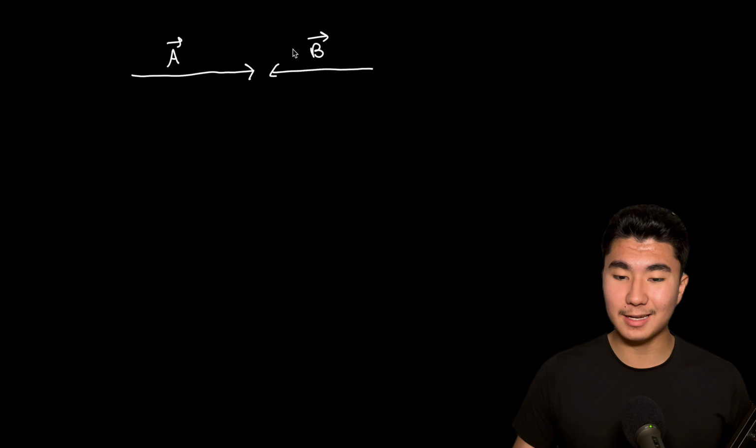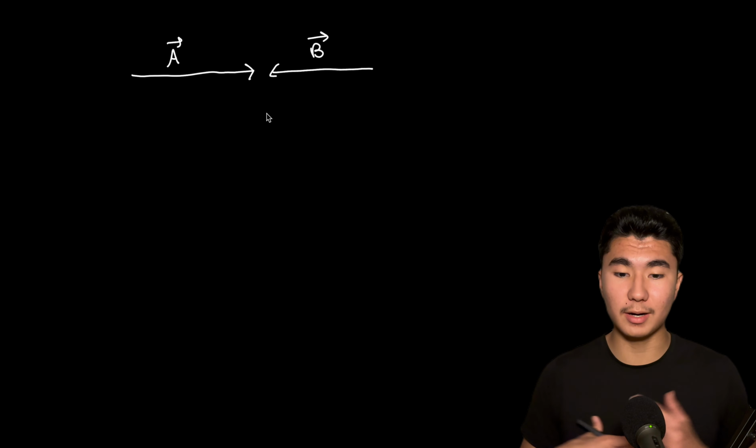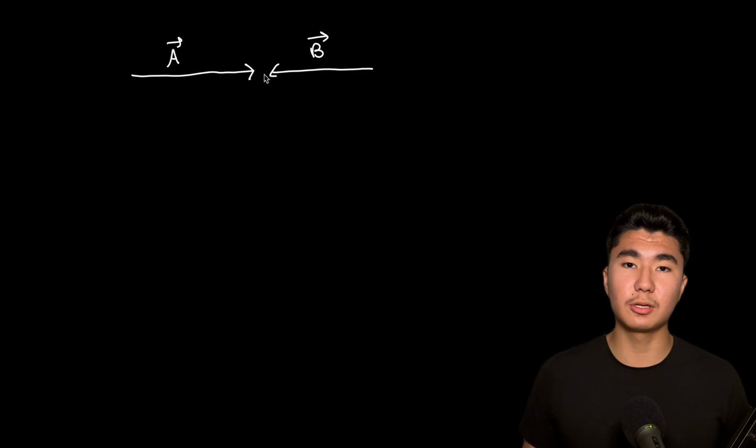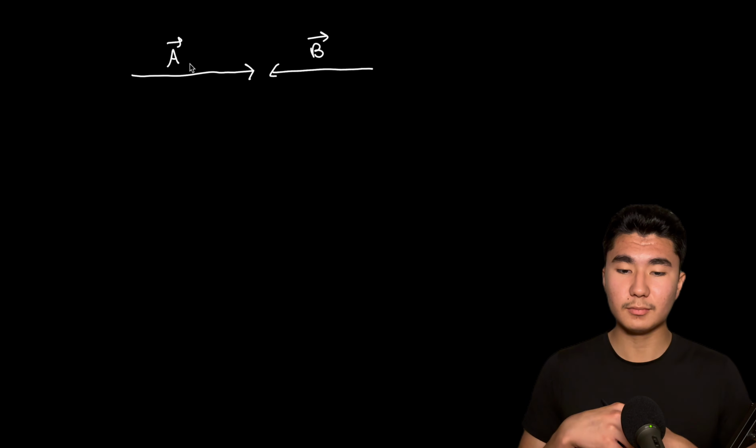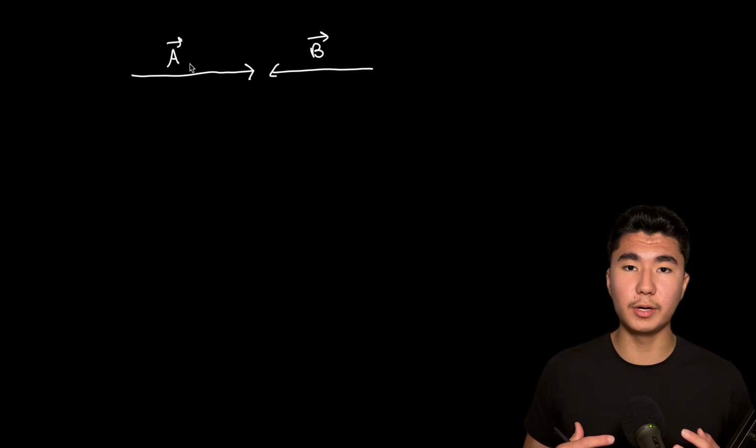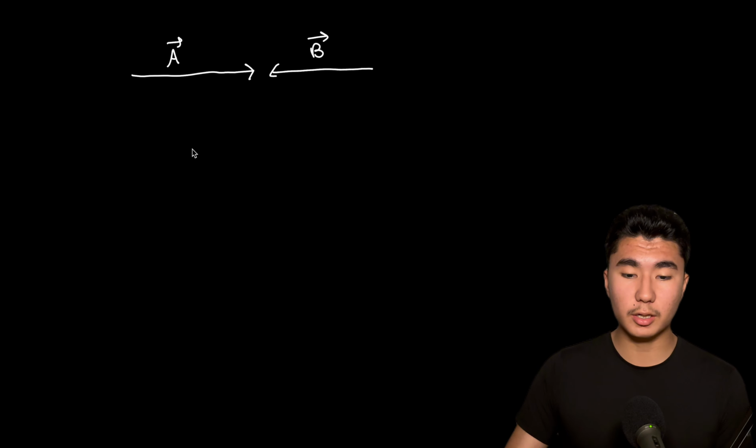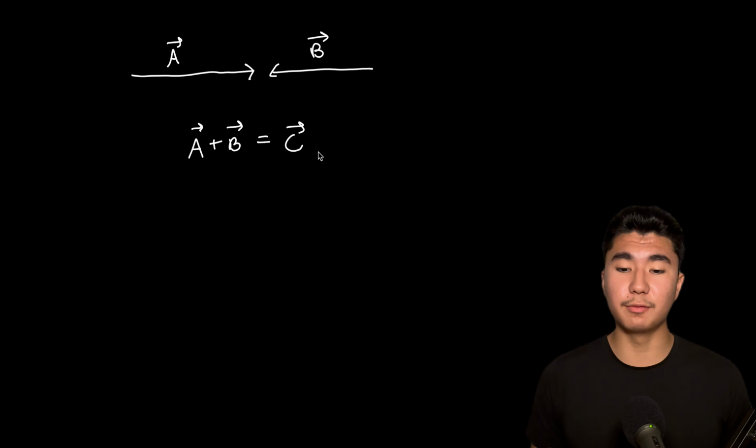Now, since these are anti-parallel, they're in different directions, and they have the same magnitude, so they pretty much cancel each other out. And just to write this as our equation for calculating vectors, our equation is a plus b equals C, the magnitude of the vector sum.